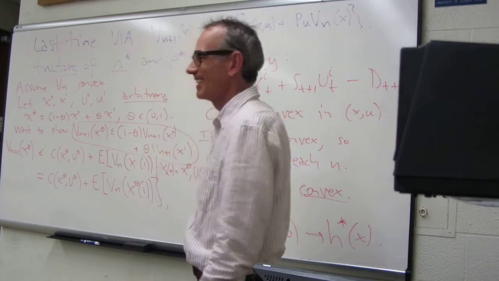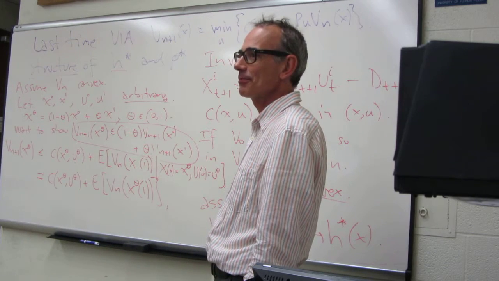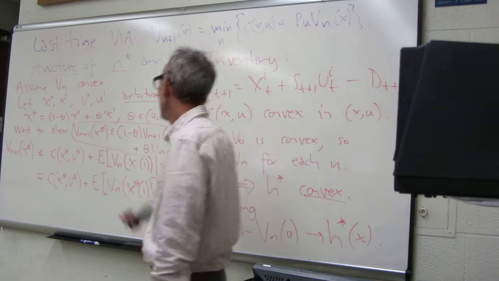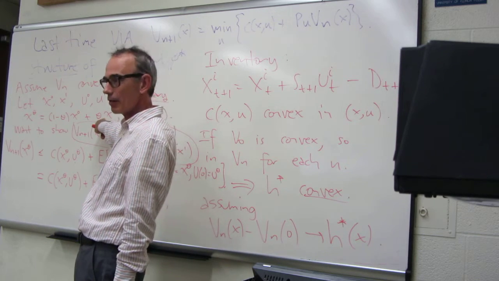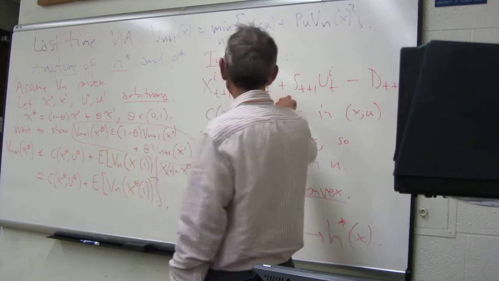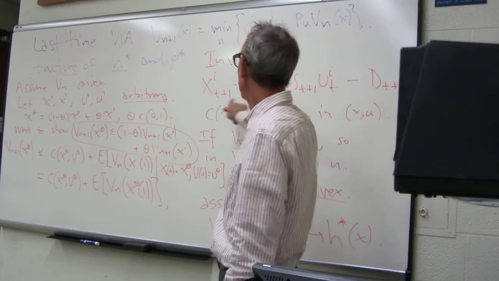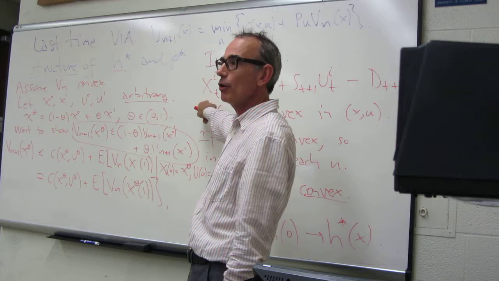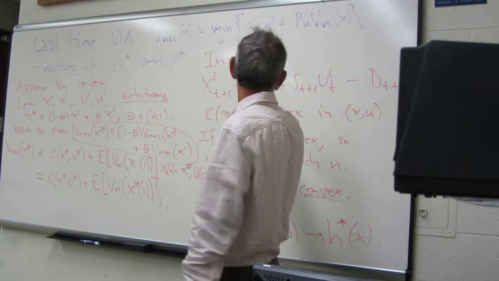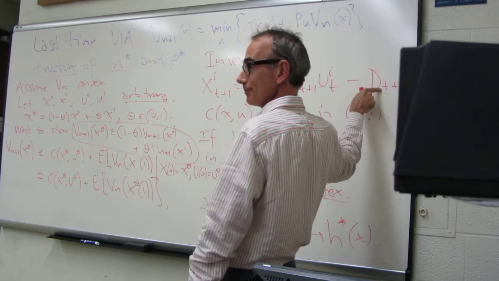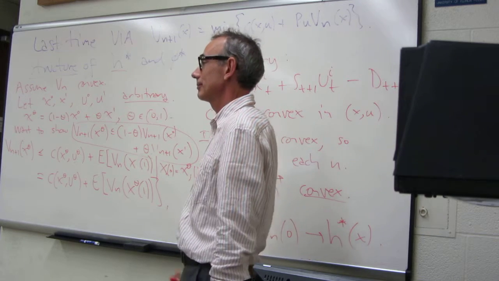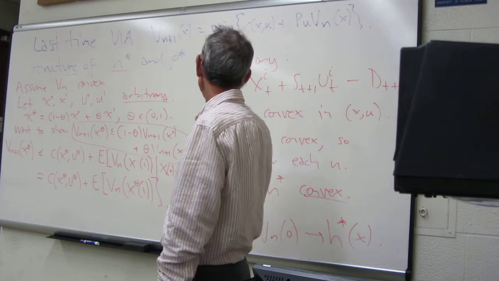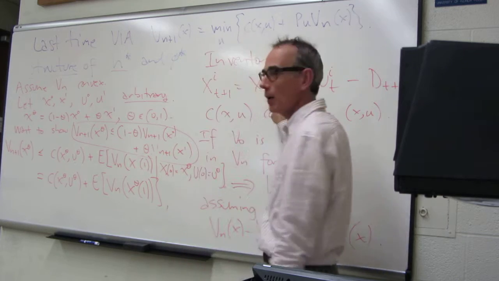Right? I'm using this convention throughout. When I write a superscript theta, I mean a convex combination. So if I look at a convex combination of x, take t equals 0 of x1, it's going to be a convex combination of everything over here. Right?